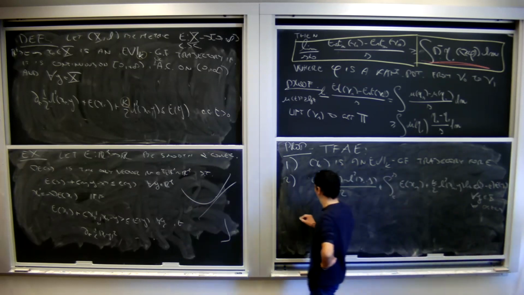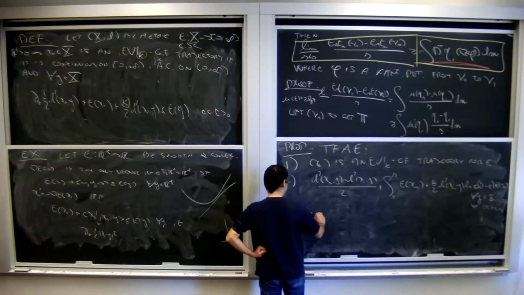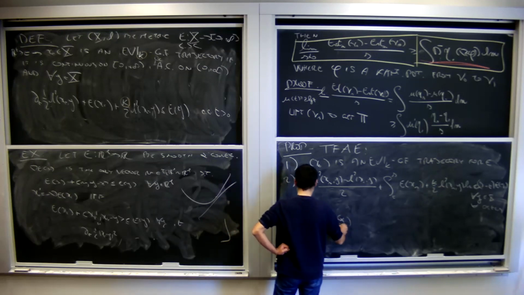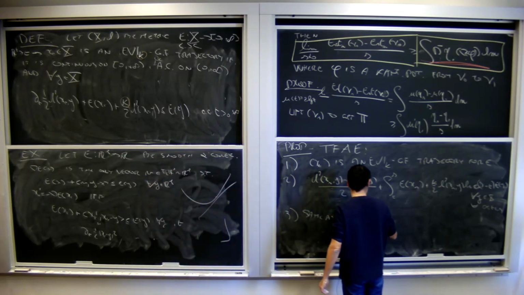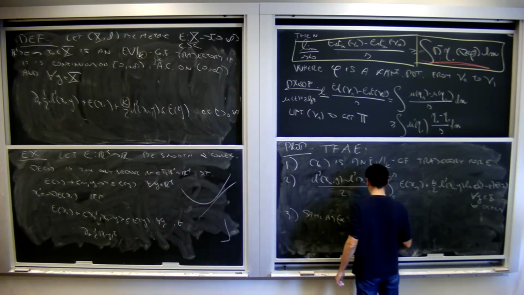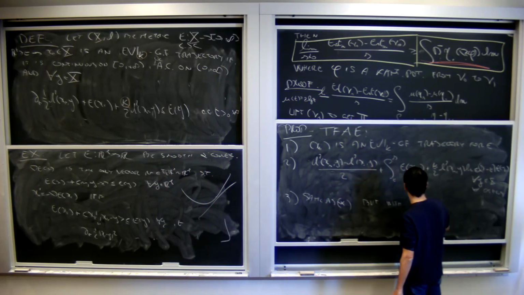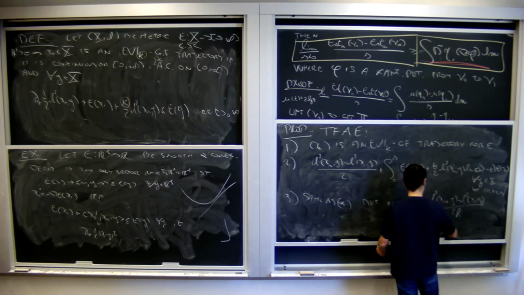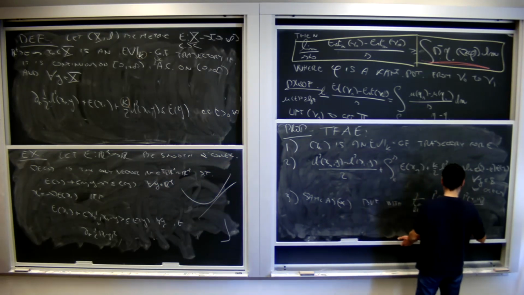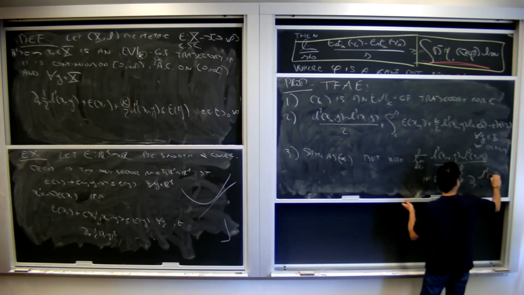Three: same as the original one, the starred inequality, but with the limsup as h goes to 0 of (d^2(x_{t+h}, y) - d^2(x_t, y))/2h in place of d/dt of the distance squared.